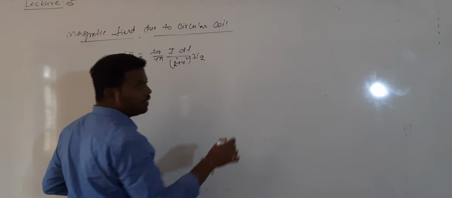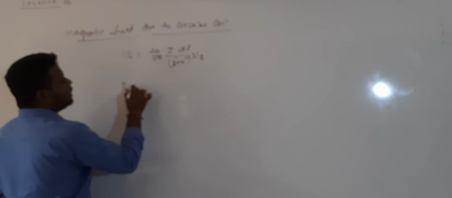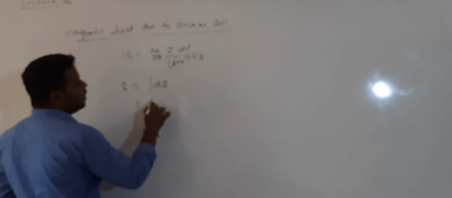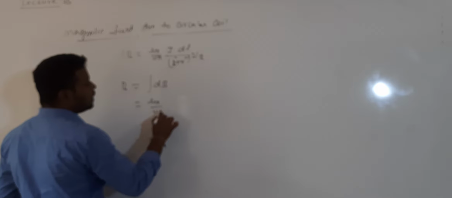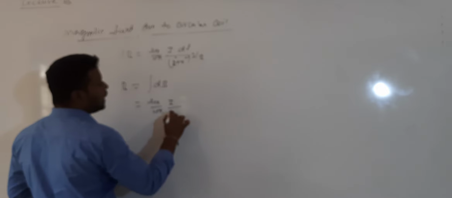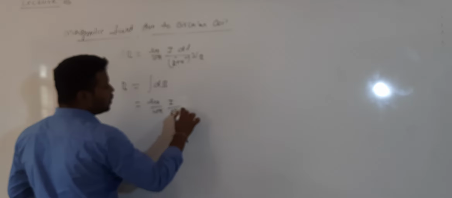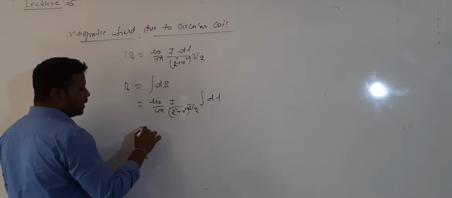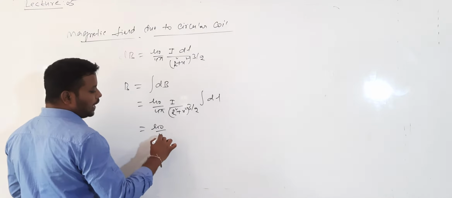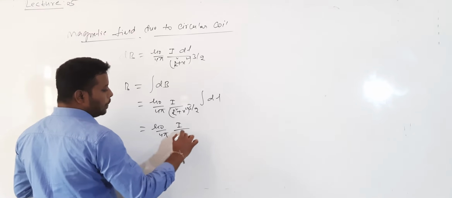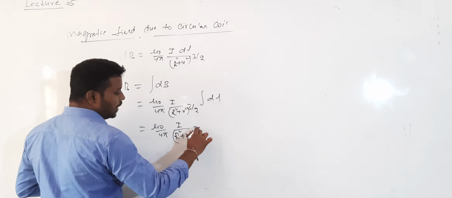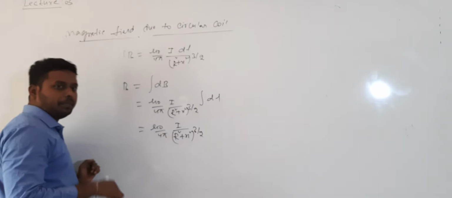Can you remember? Then we did integration of dB. That integration value is mu naught by 4 pi into I divided by r square plus x square whole power 3 by 2, into integration of dl. By mistake, that is my mistake.